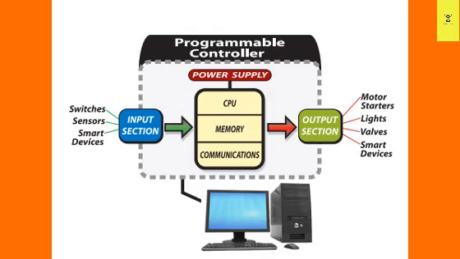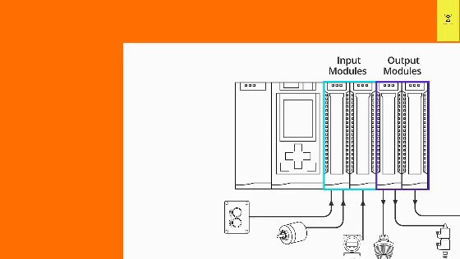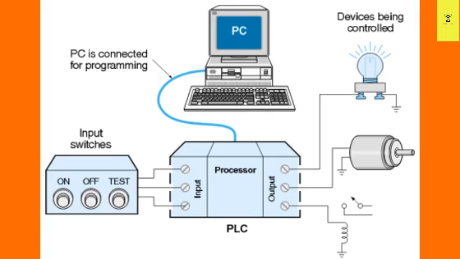Okay, the next part is input and output modules. The input module receives signals from sensors and switches. It means it receives the signals from the input devices.